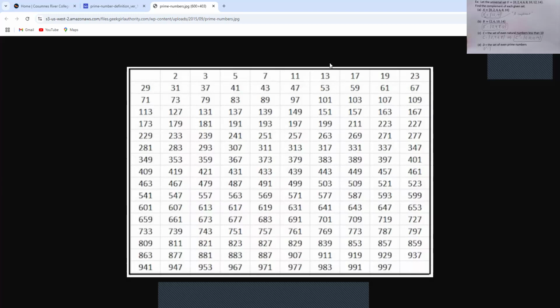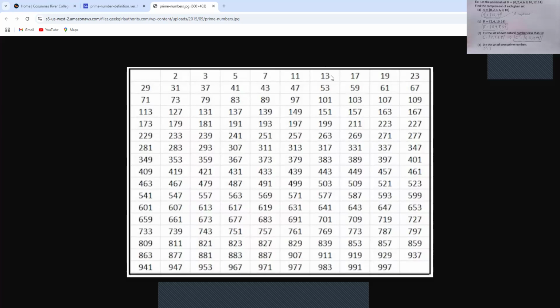Let's take 13, for example. Why is 13 prime? If I tried to divide 13 by anything, it's not going to work out perfectly for me. Try 13 divided by 2. It's not going to go well.